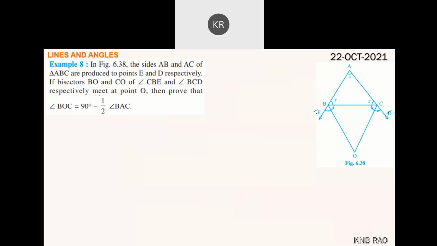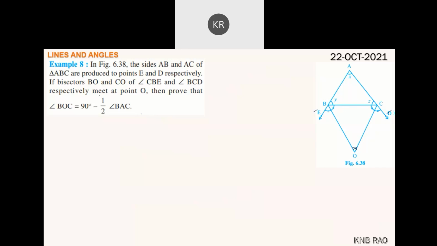Now, if the bisectors of these exterior angles, BO and CO, meet at point O, then prove that angle BOC is 90 minus half of angle BAC.